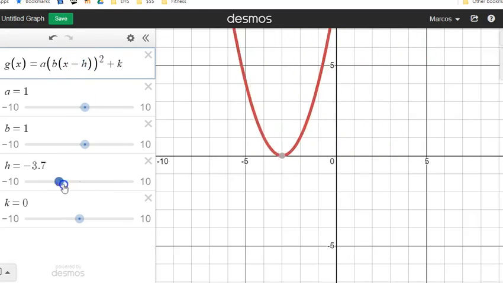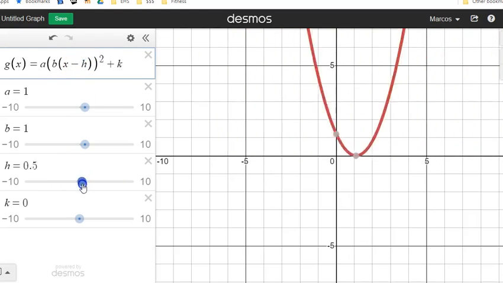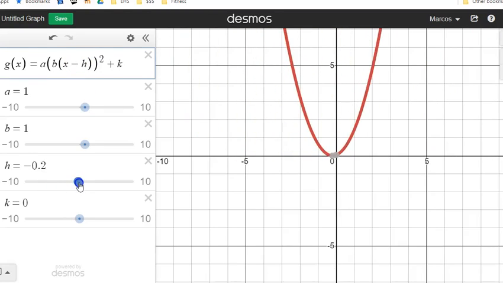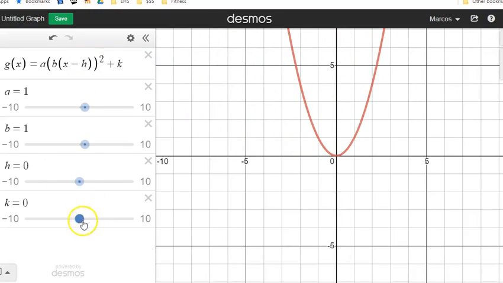So H is just going to adjust left and right, no matter what value I have. Let's look at K now. K is going to be up and down. So those are the easy ones.